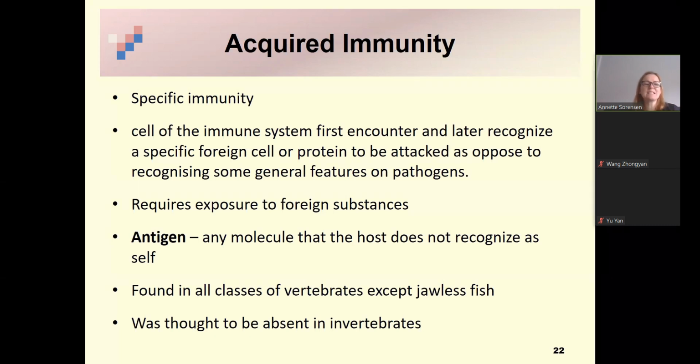Why cancer still develops and is not picked up and killed by the immune system is because sometimes cancer cells can escape recognition by immune cells, but that's a different topic. In most cases, cancers are picked up by the immune system because they express this foreign antigen on their cell surface. Now, acquired immunity is found in all classes of vertebrates except for the jawless fish. It was originally thought to be absent in invertebrates.